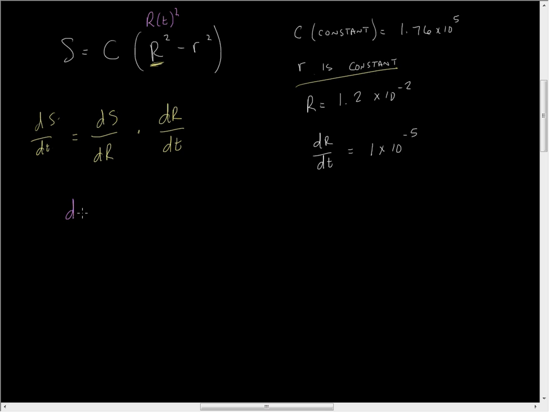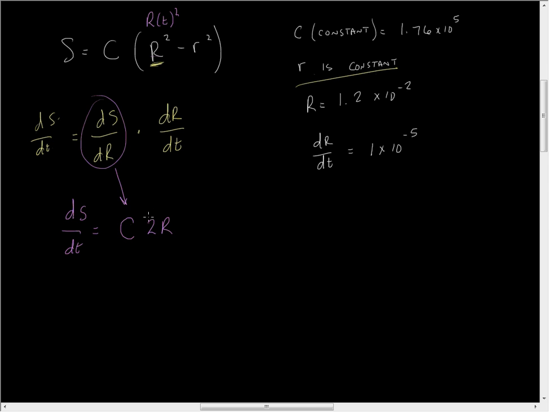ds/dt is equal to the derivative of s with respect to R. The only variable in this thing is capital R, and so this is really c, the constant, times the derivative of R squared, which is 2R. That's where the ds/dR comes from.